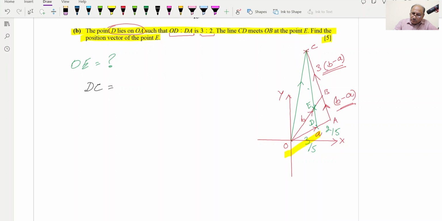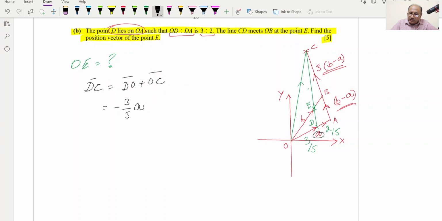These are the vectors, and DO is minus 3/5, because directions are important. So we can write minus 3/5 of A, because this is A vector.